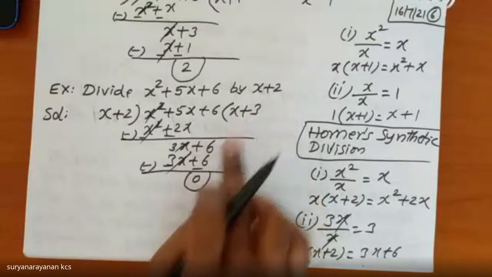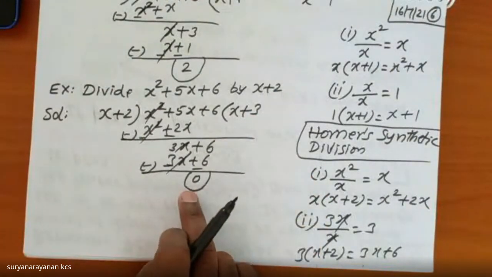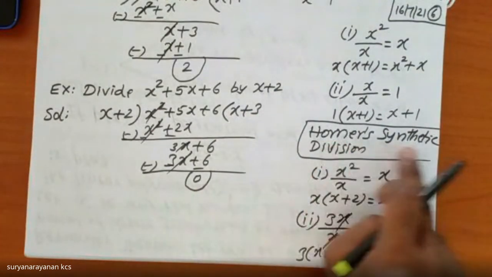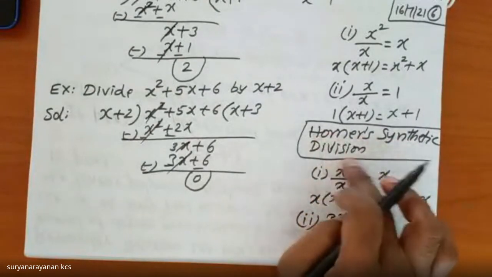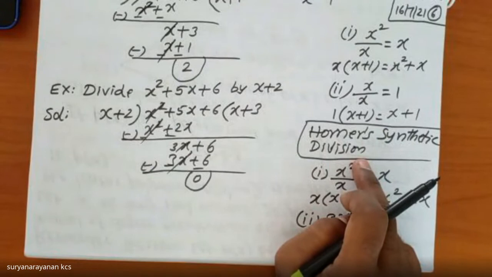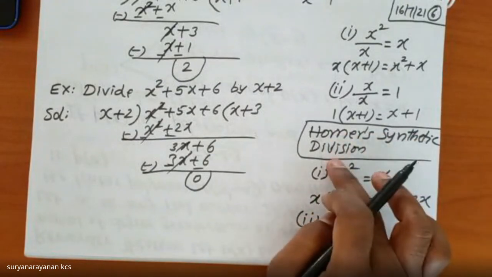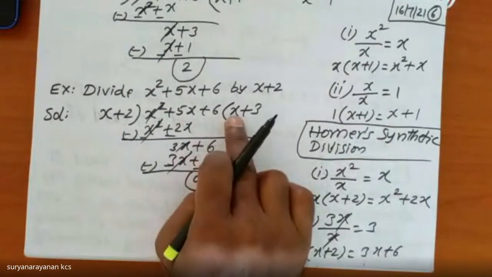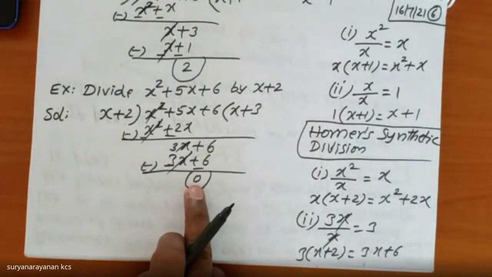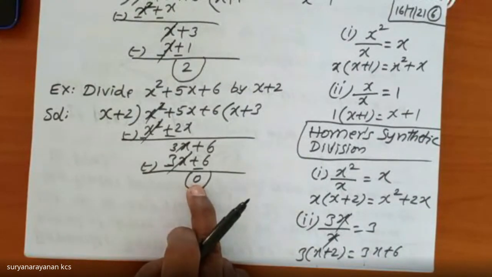To get the quotient and remainder as well, in the shortcut method, we use Horner's synthetic division. In the last class, I told you I will explain this concept in the foundation class, not in the regular class. By using Horner's synthetic division, you can easily find the quotient as well as the remainder in simple steps.